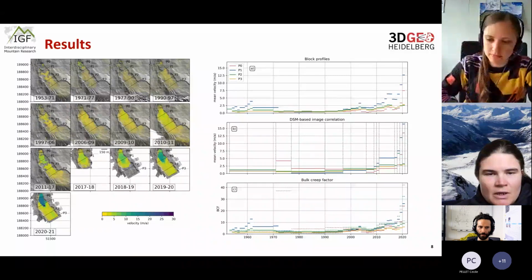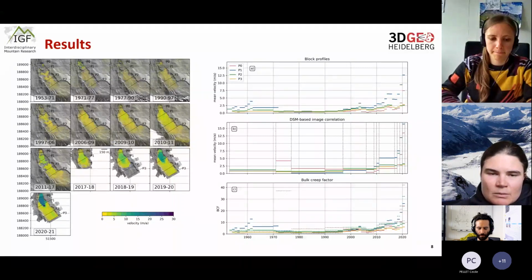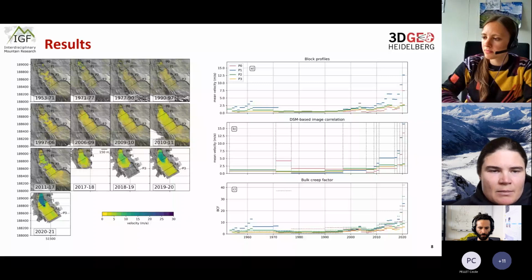This is from Alessandro's work. We make some fairly generous assumptions about the internal composition of the rock glacier, and then compute this bulk creep factor. For a normal stable rock glacier, the value would be relatively constant and around 1, whereas for a destabilized rock glacier, the values are higher.